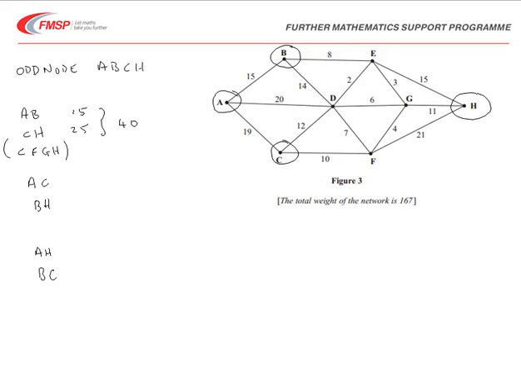Doing a similar thing for AC and BH, the values are 19 and 24, which is 41, and for AH 36 and 22, which is 58.